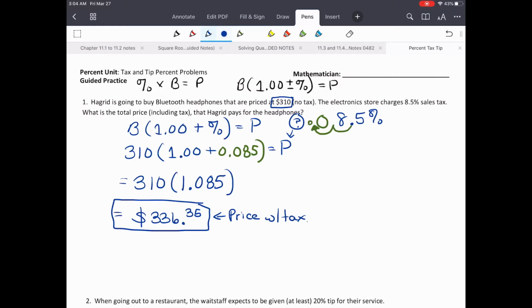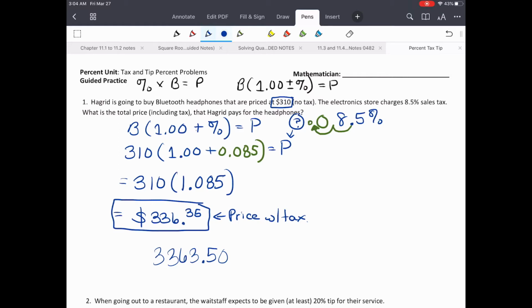And that makes sense. I talked about this way back when we were in class, but make sure you are checking your answers to see if they make sense. Let's say you had the decimal in the wrong spot and you got 3,363.5, and you said, oh yeah, that's what my calculator says, it's got to be the answer.